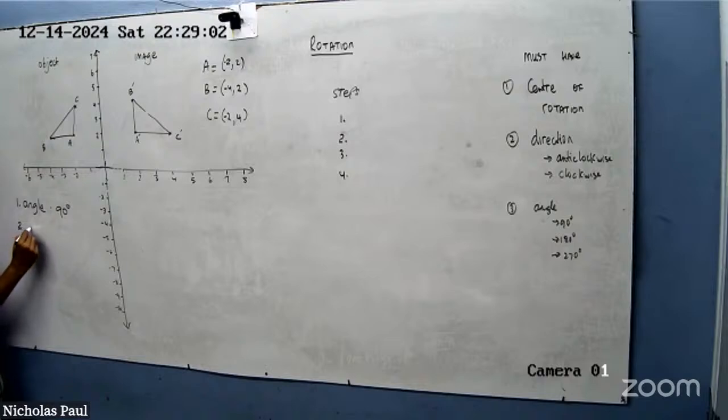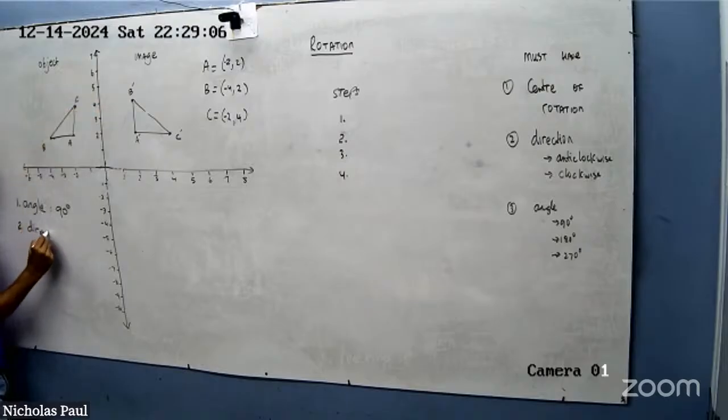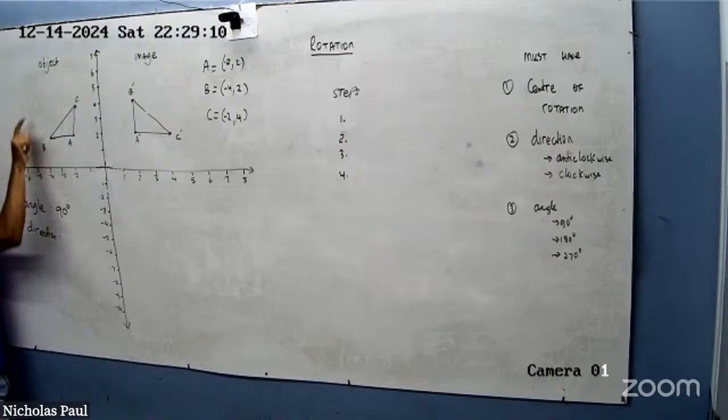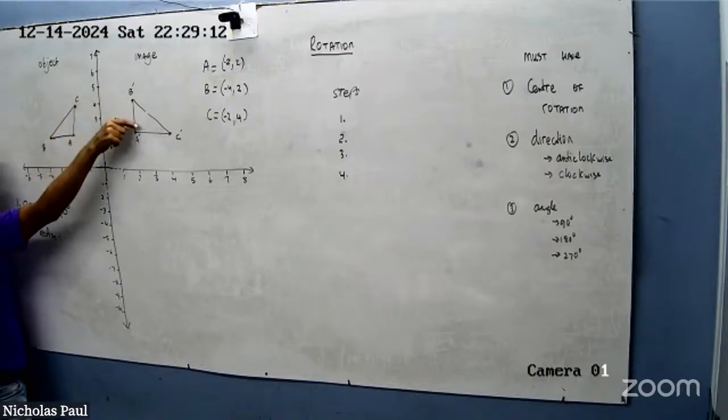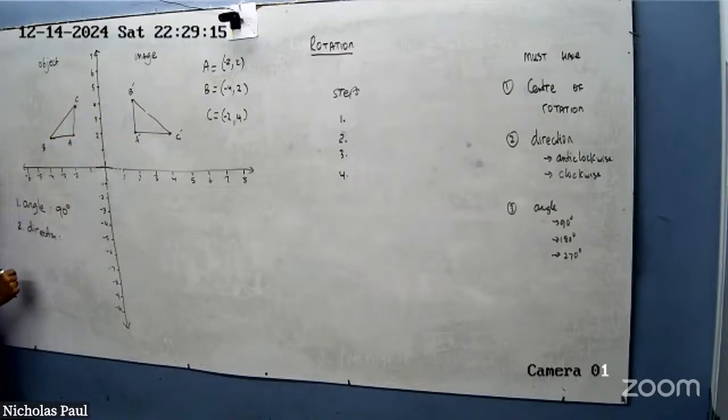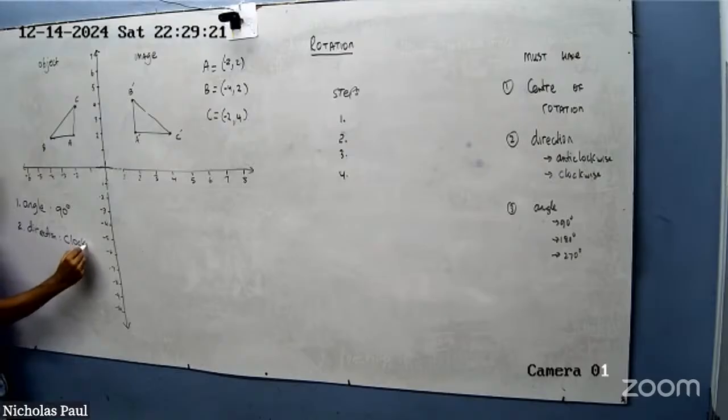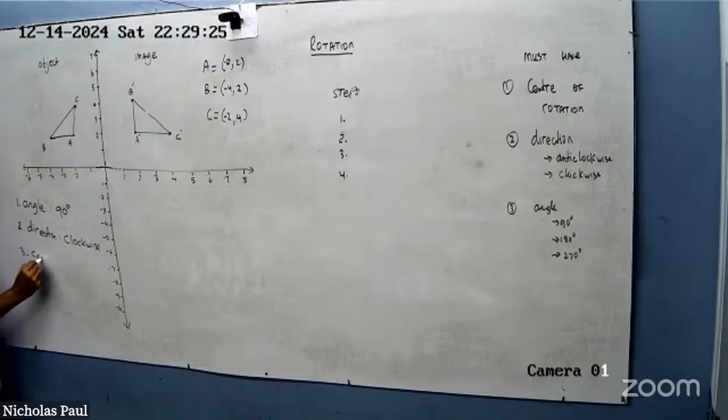What is the direction to go from ABC to A prime, B prime, C prime? That's clockwise or anti-clockwise? Clockwise. So the hard thing is the center.